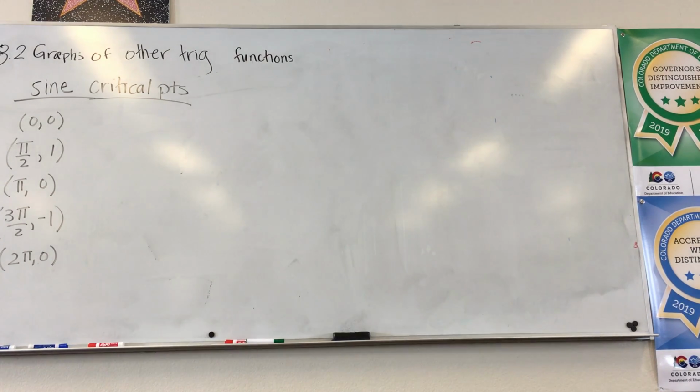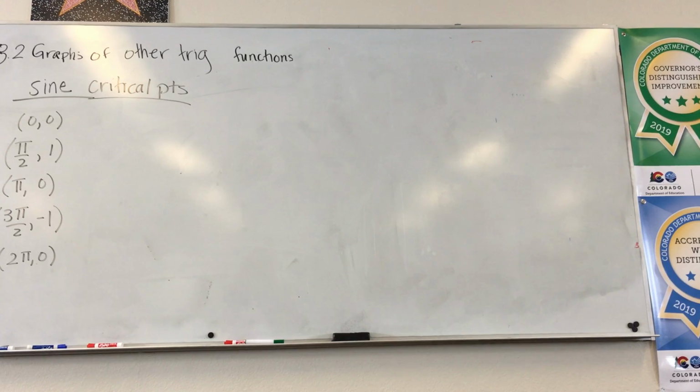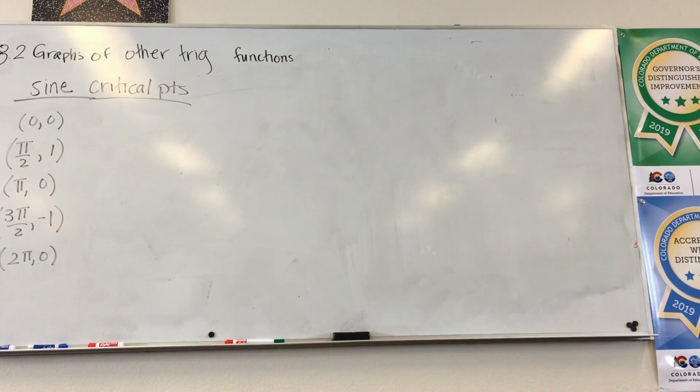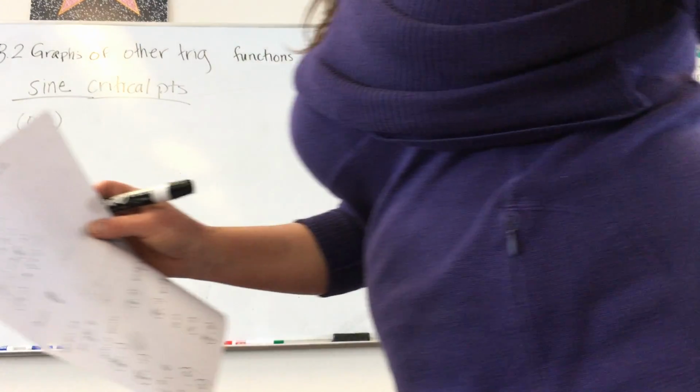So now let's think about it. If I have an amplitude change, all you're going to do is pull the max or the min to a different y value. We're going to pull this point or this point either up or shrink it down by the amount of the a value.